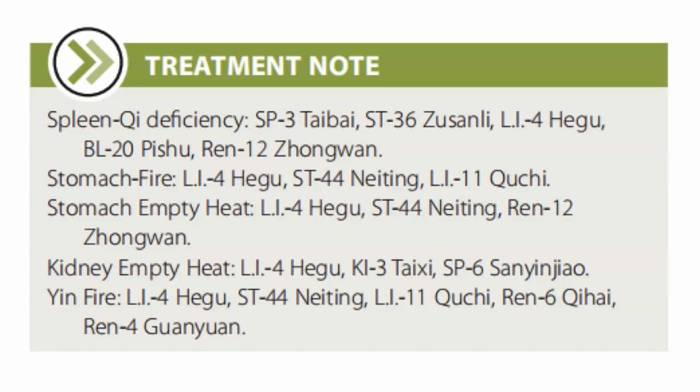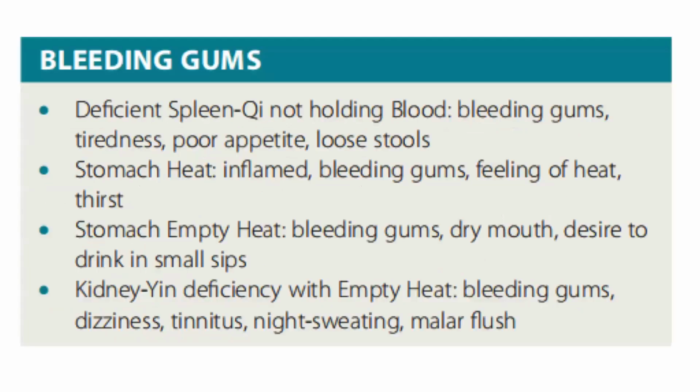For stomach empty heat, large intestine 4, stomach 44, Ren 12. For kidney empty heat, large intestine 4, kidney 3, spleen 6. For yin fire, large intestine 4, stomach 44, large intestine 11, Ren 6, and Ren 4. You can use this treatment.